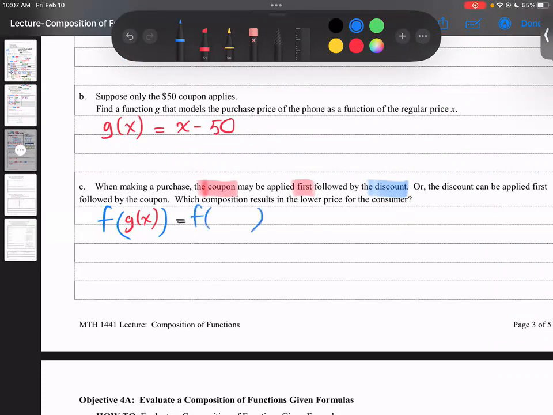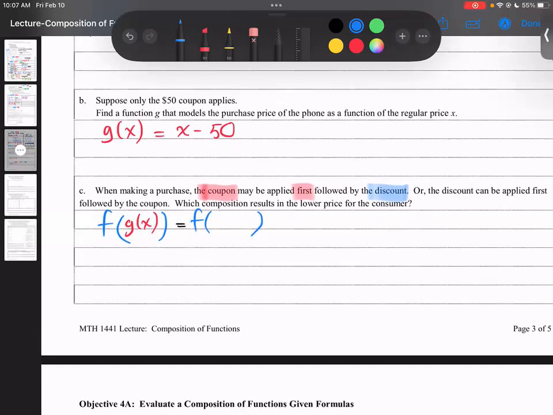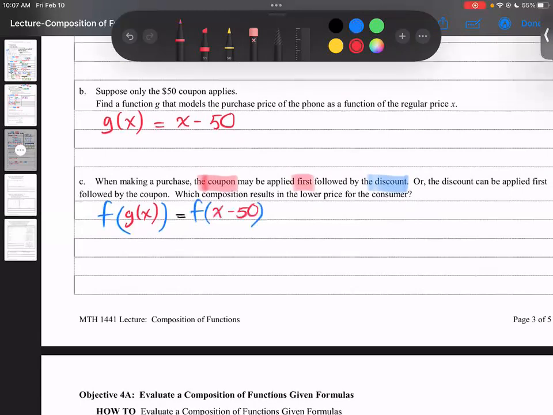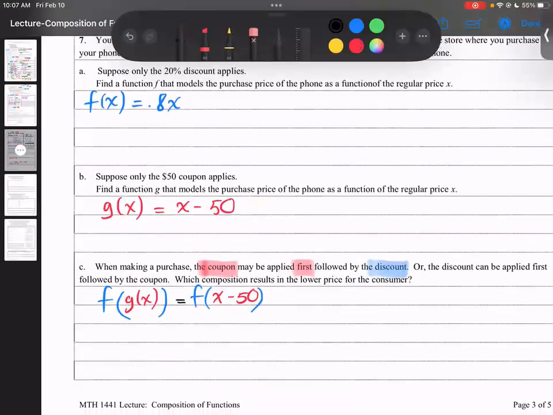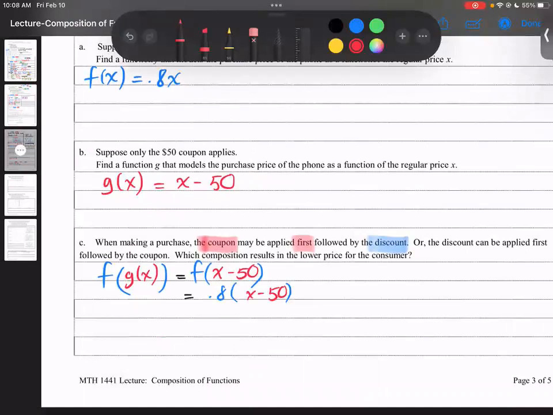f of g of x. Now you do what you normally do. You put g of x inside f of x. g of x is x minus 50. And now you're going to plug x minus 50 into your function f, right? So the function f is 0.8 times blob, and that blob now is x minus 50. And then I'm going to distribute this out.